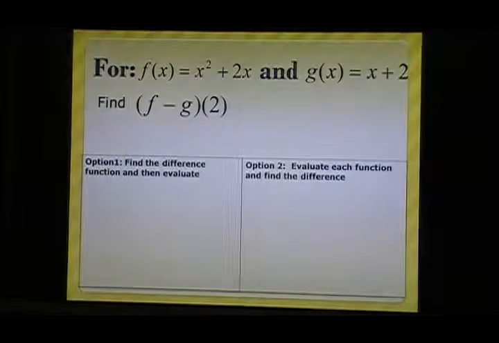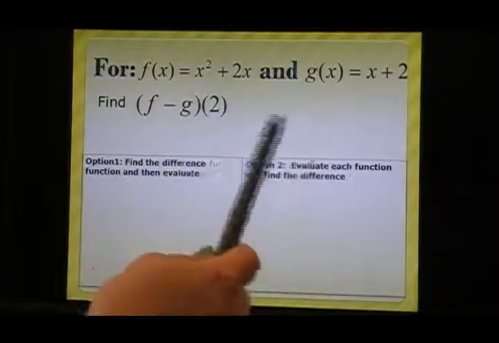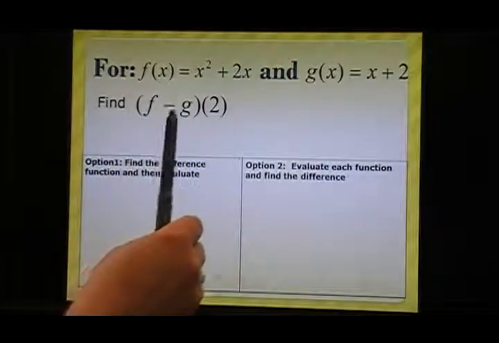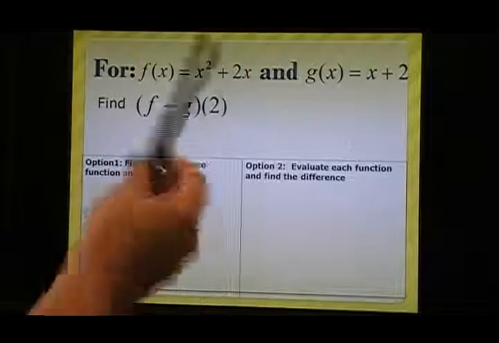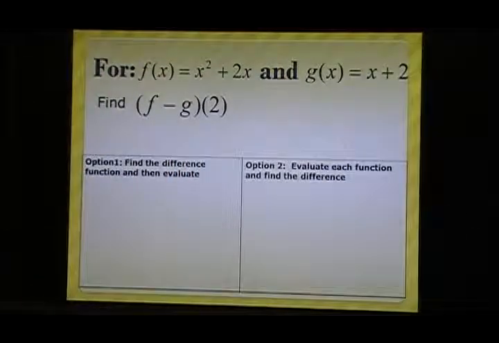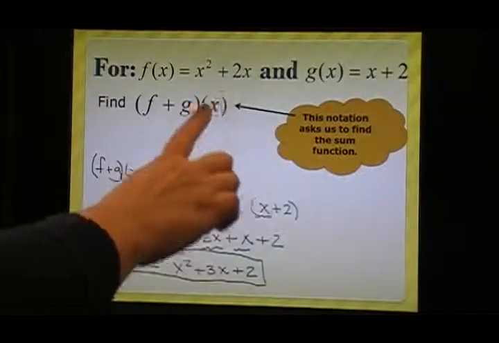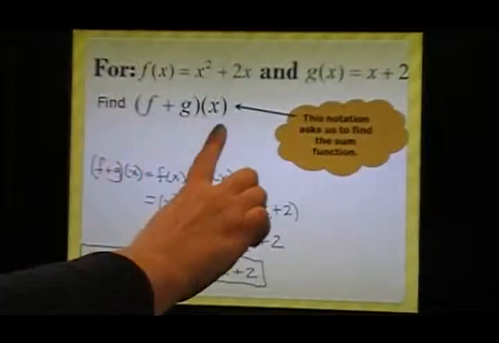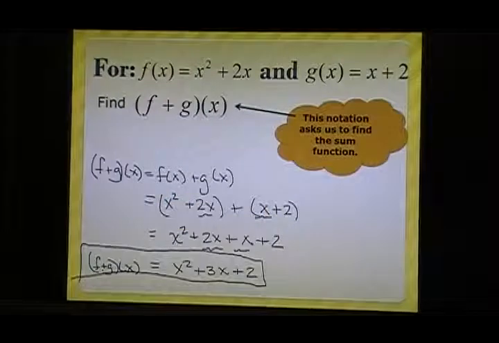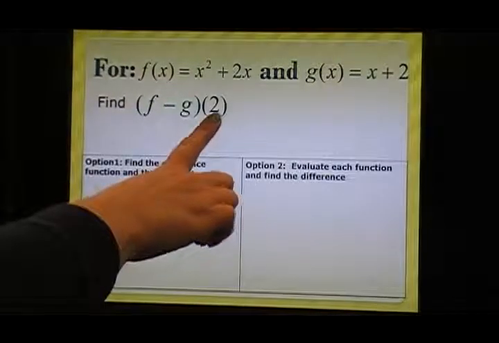Here, for the same f and g, I want us to find f minus g of 2. In the previous example, when we had an x here, it was saying find the function. In this example, we have a 2.